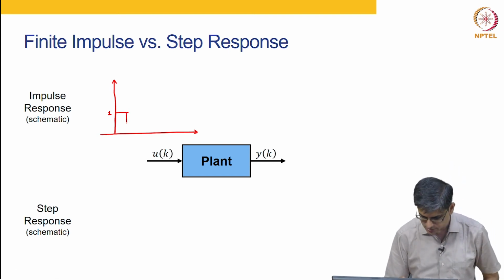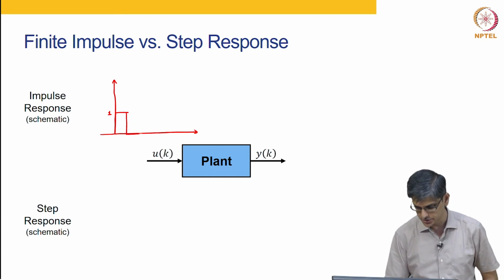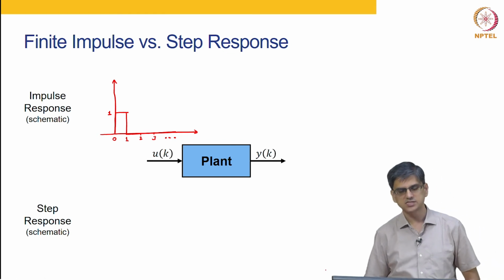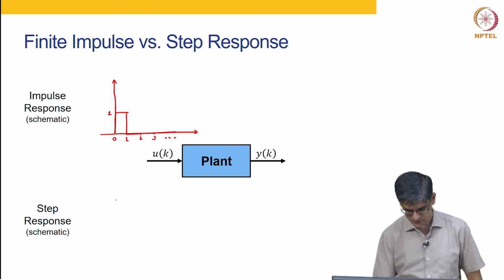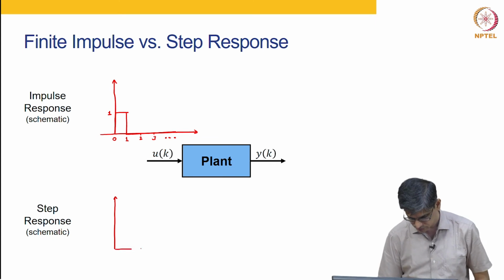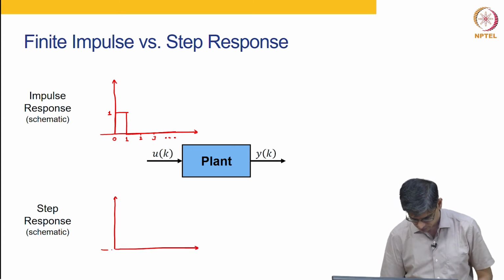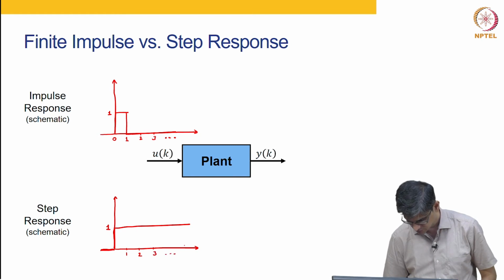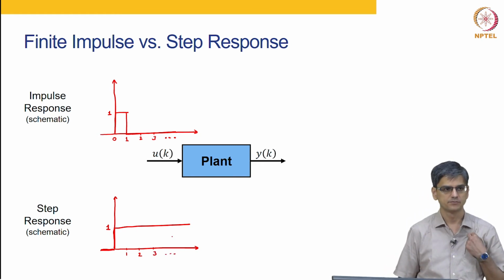At time 1, this drops back over here, and then it is 0 all over again. This is an impulse. This is a step.